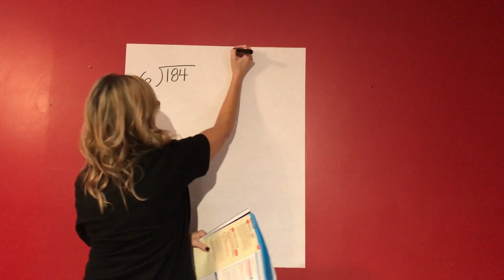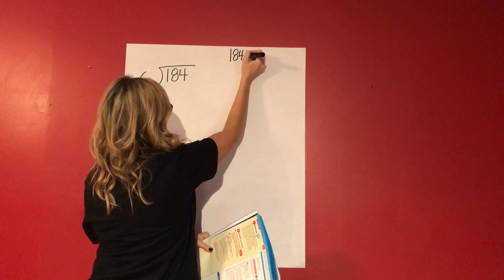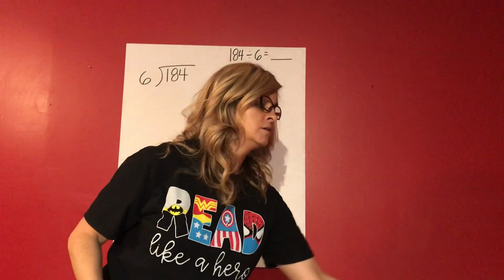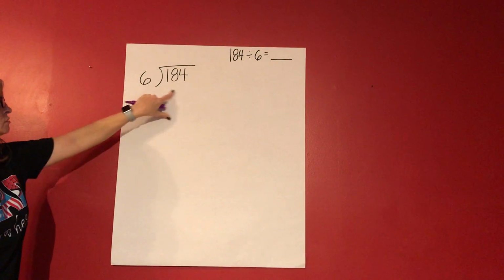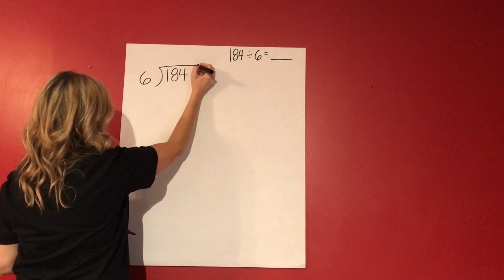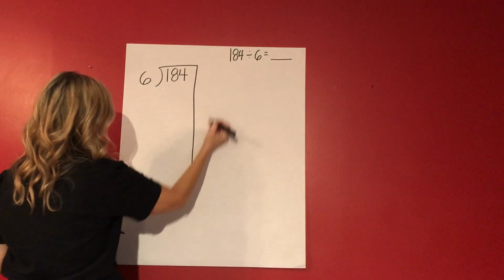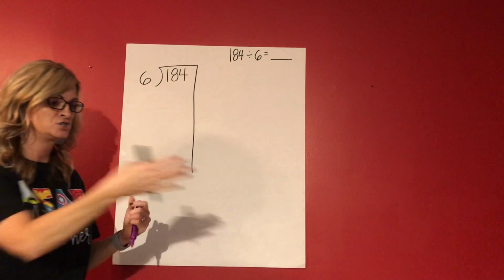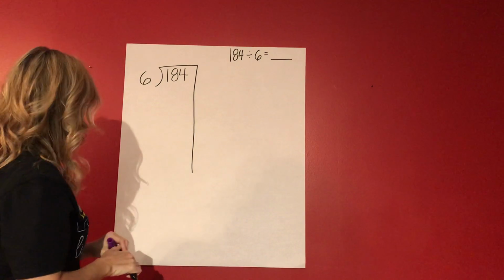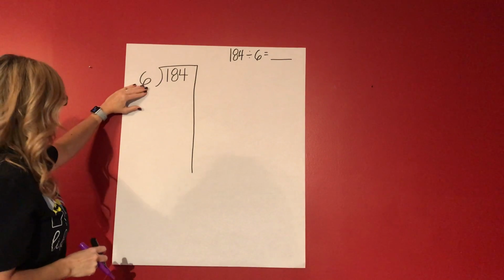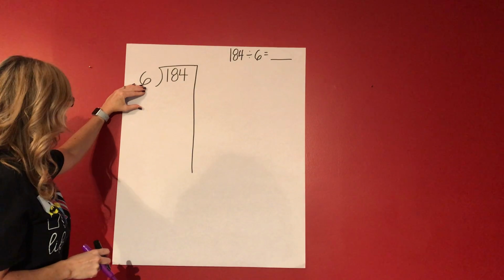And probably the way this might be written in your book would be like this, okay? And so this is how we write it out when we're getting ready to work it out if we don't automatically know what that answer is, okay? I'm gonna go ahead and draw my line here, and then this is where my partial products are gonna go. And I don't have to write that up there, I just did that on there to show you on the example.